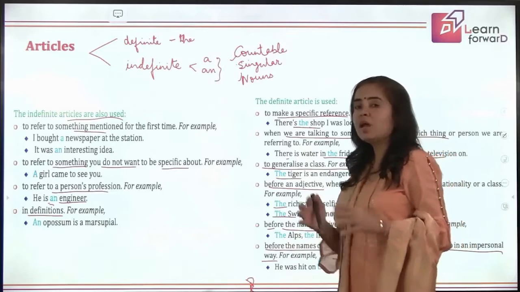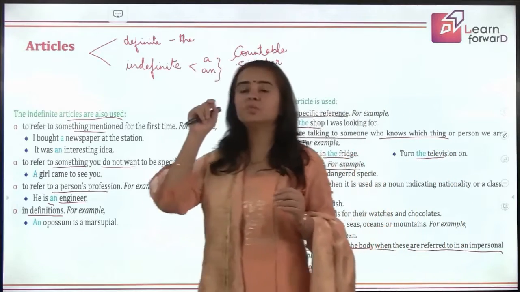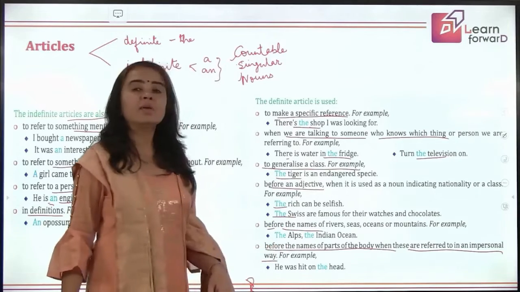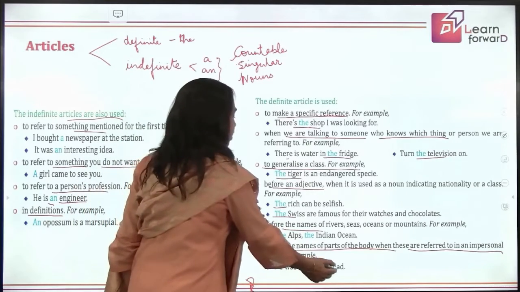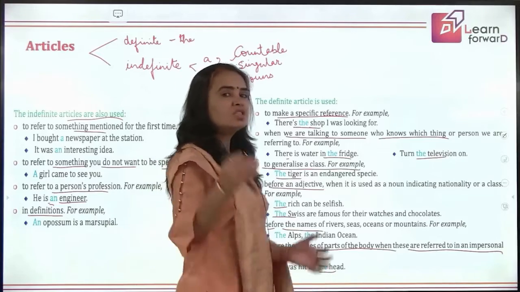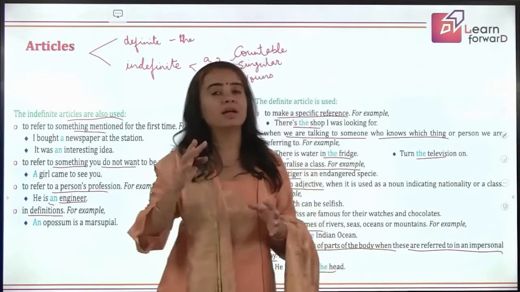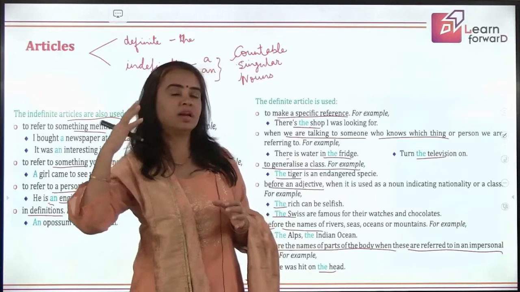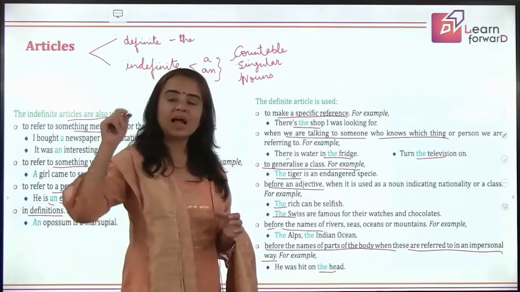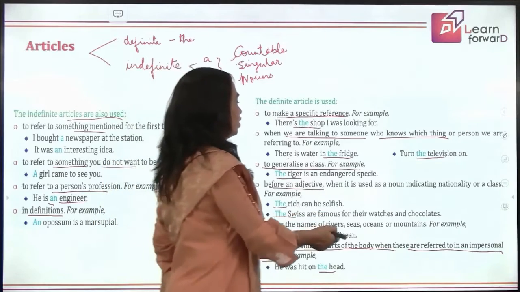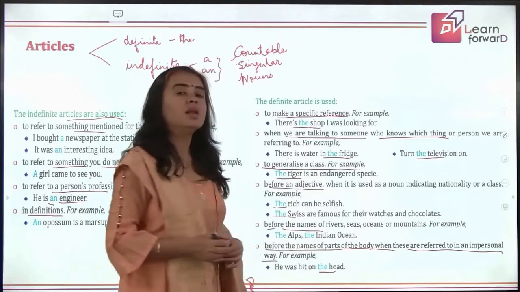That means we are not talking about somebody's personal part of the body, we are just talking about it in an impersonal way, like he was hit on the head. So we are just referring to that part of the body where he was hit, but we are referring to it as that particular part, right? So it is referred to in an impersonal way.